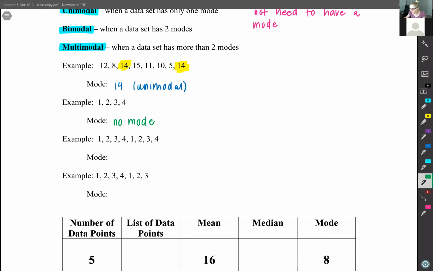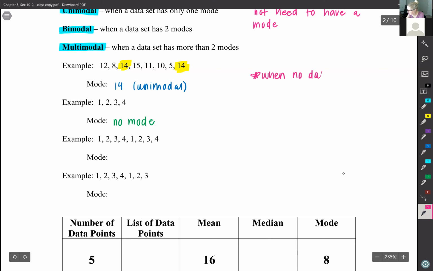Okay, let me write a little note. When no data occur more than once, there is no mode.